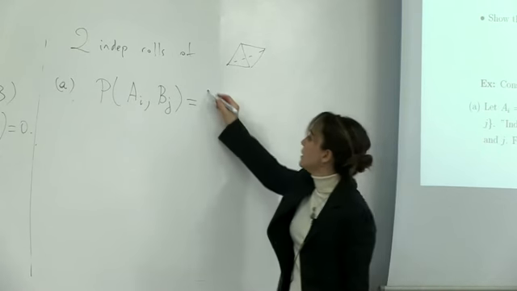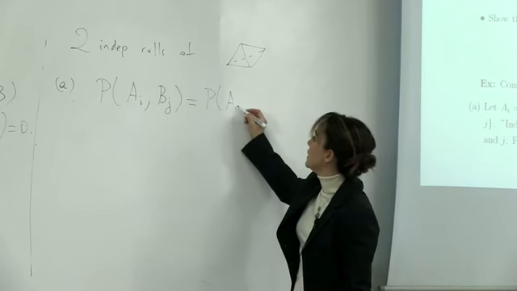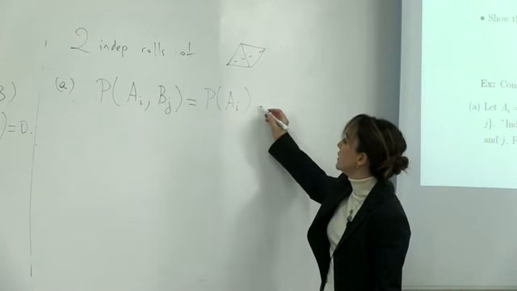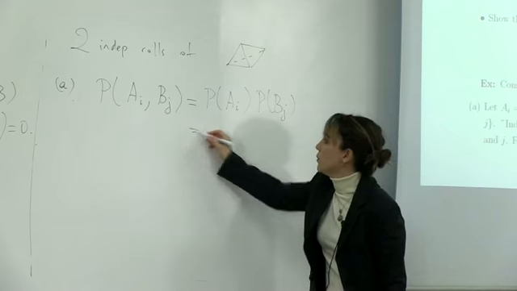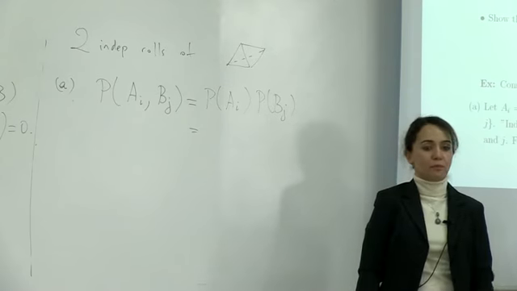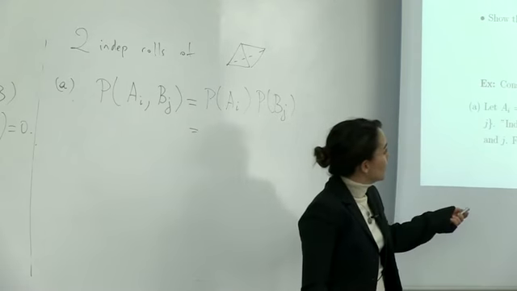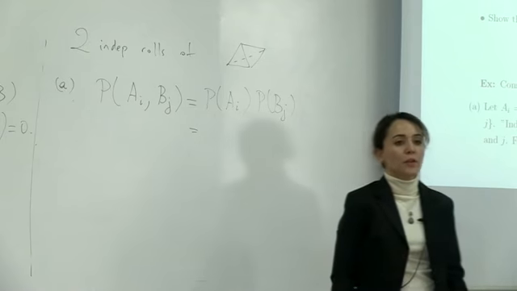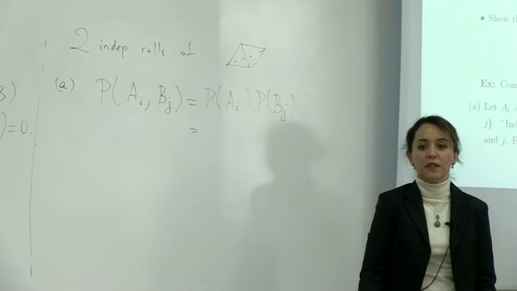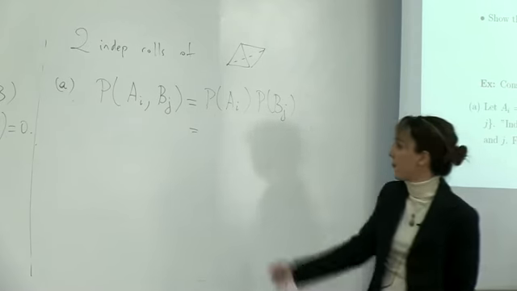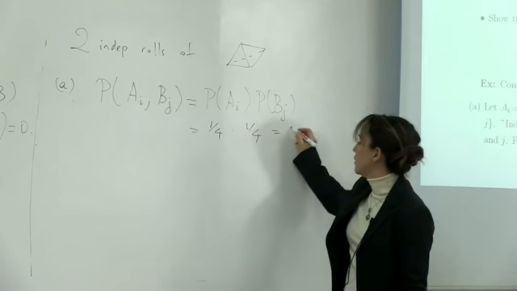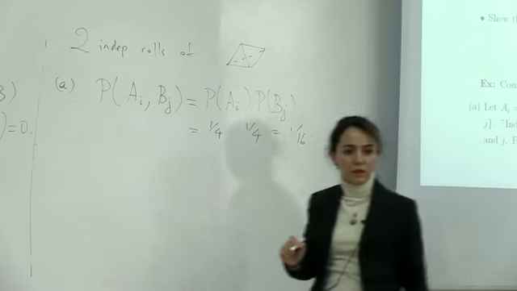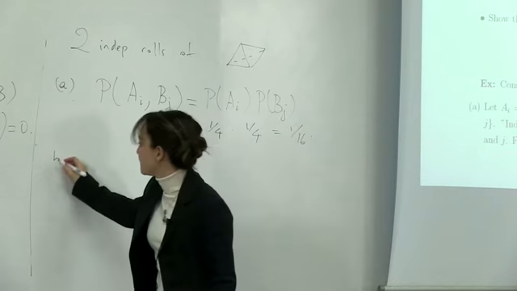By independence, this is the probability that A_i happens times the probability that B_j happens. What is P of A_i? It's a fair four-sided die, so each face has probability 1 over 4. So 1 over 4 times 1 over 4 is 1 over 16. Any problem?